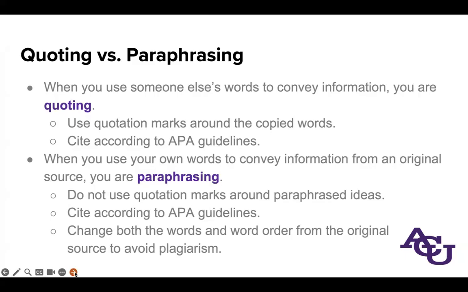And that means that you will copy their words, word for word, and use quotation marks around the copied words, and make sure that you cite according to APA guidelines, which Sarah is going to tell us about in a little while.